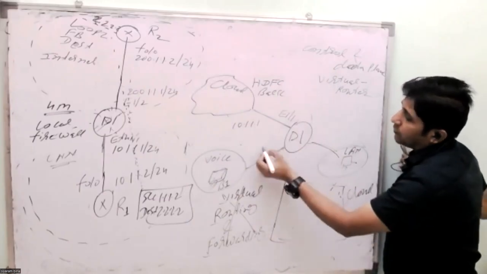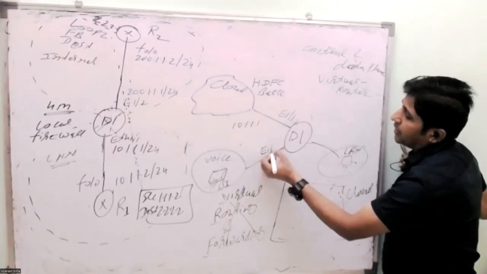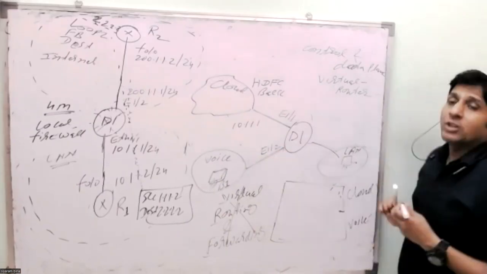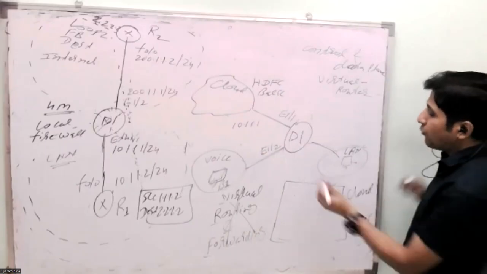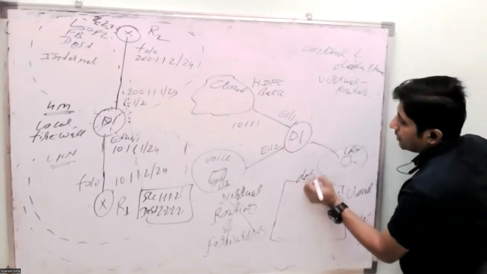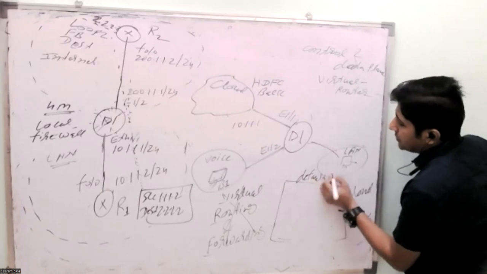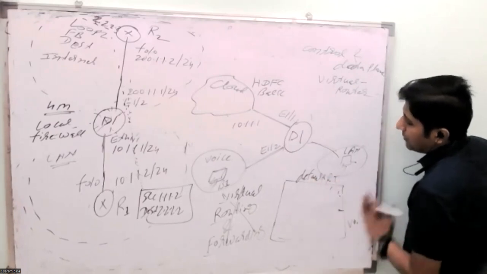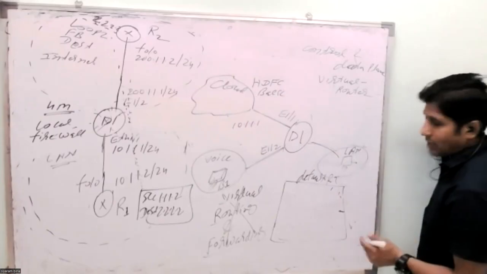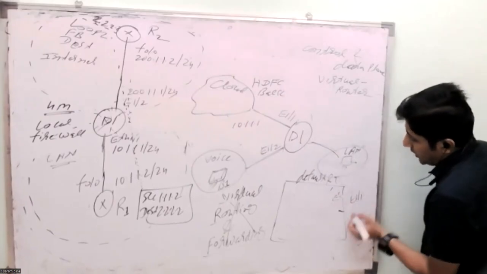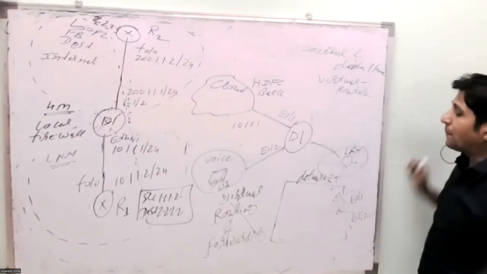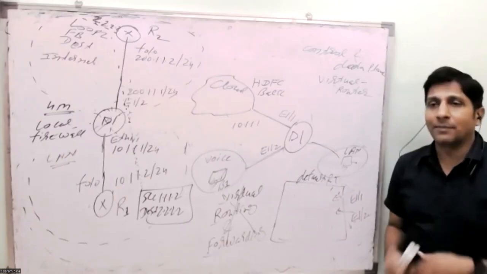Default means Ethernet 1/1 and Ethernet 1/2, both interfaces are part of the default routing table. Default routing table means a single virtual router. Both Ethernet 1/1 and Ethernet 1/2 are part of the default routing table.